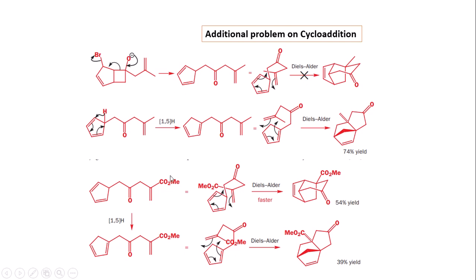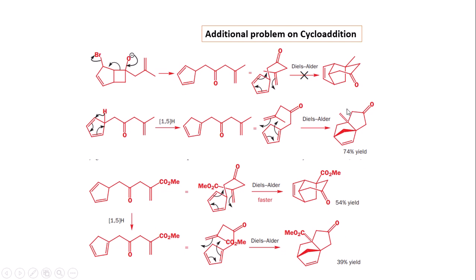But if we use an electron withdrawing group on the dienophile system, then the HOMO-LUMO energy gap for the cycloaddition reaction becomes lower, and hence the cycloaddition reaction is more prominent. In the presence of the methyl group, there is no cycloaddition reaction, but in the presence of the CO2Me group, an electron withdrawing group, before the 1,5 hydrogen shift we also get this product, a highly complex molecule, and after the 1,5 hydrogen shift we get two products.